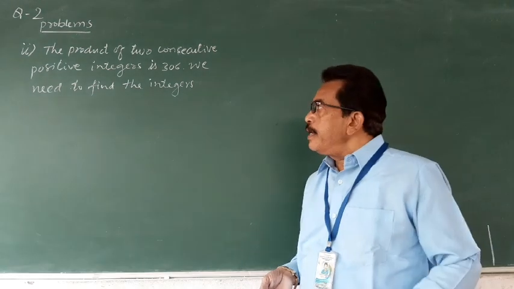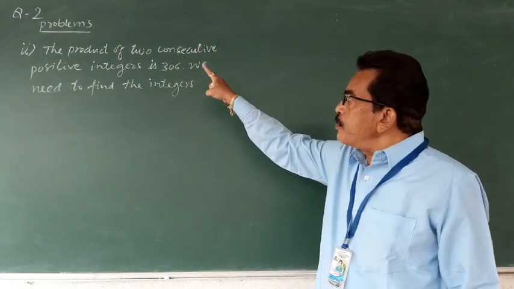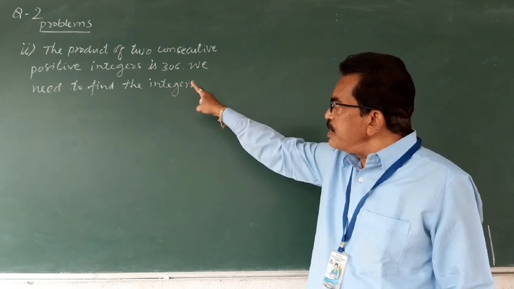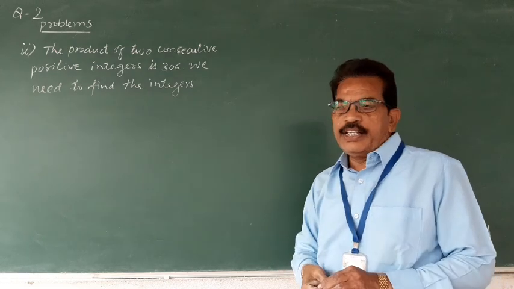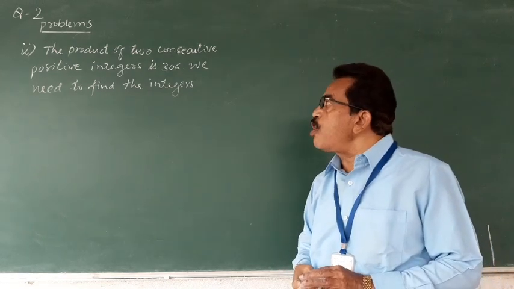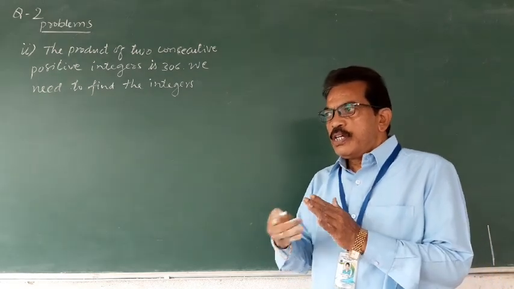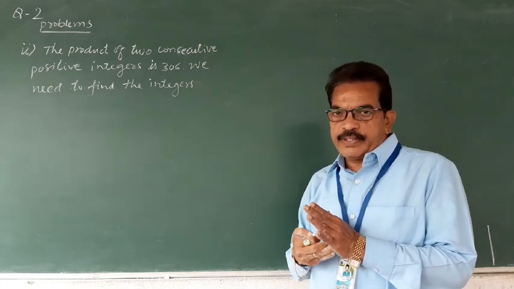Okay, see, the product of two consecutive positive integers is 306. We need to find the integers. The product of two consecutive means continuous numbers.